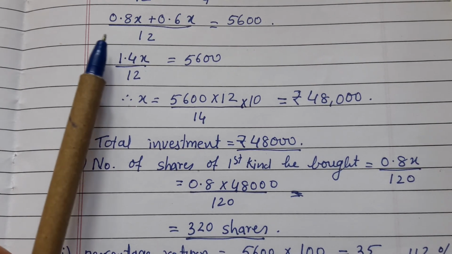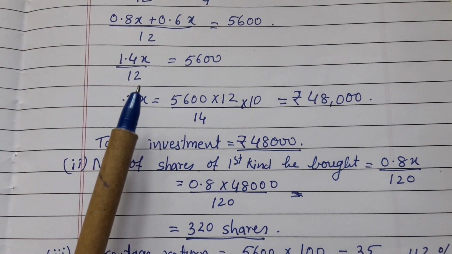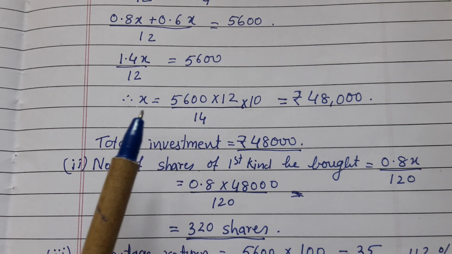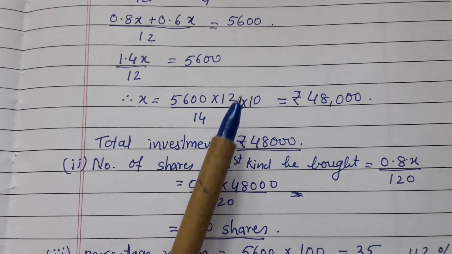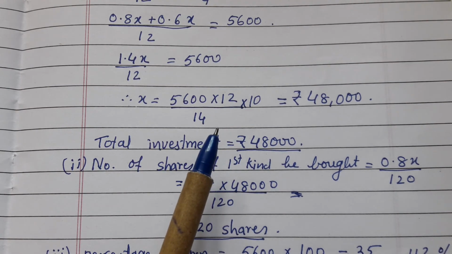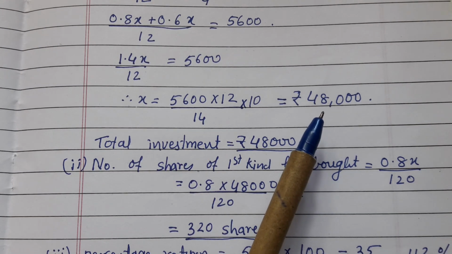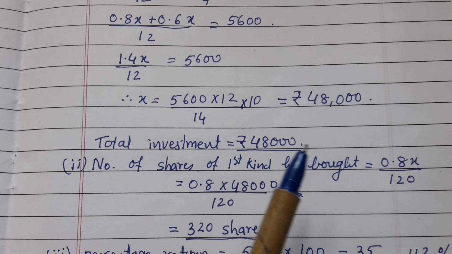Therefore, 0.8 plus 0.6 is 1.4x upon 12 is equal to 5600. Therefore, x is equal to 5600 into 12 into 10 upon 14. X is equal to rupees 48,000. Total investment is equal to rupees 48,000.